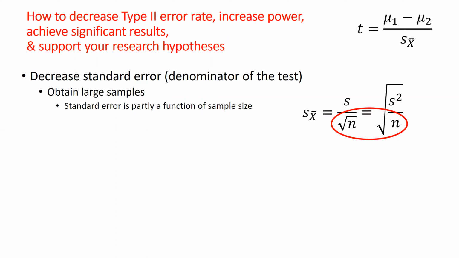If you have larger sample sizes, your square root of n in the standard error term will be larger. Relative to that, s being constant, your standard error term will be smaller, and your difference in means being equal, your t will be larger.